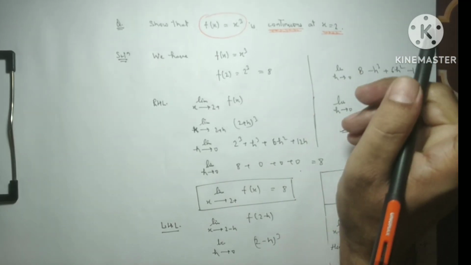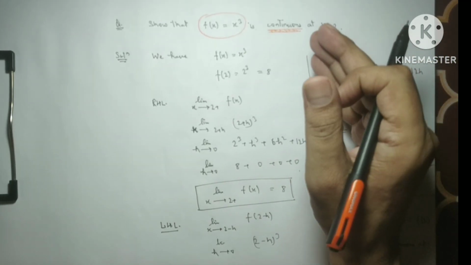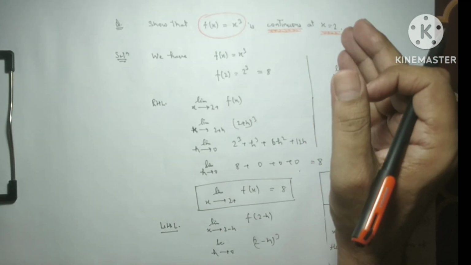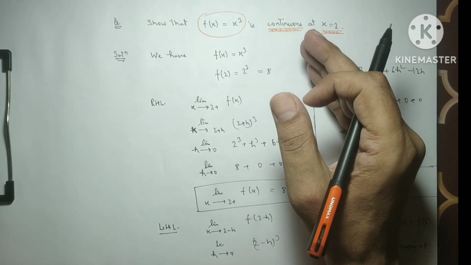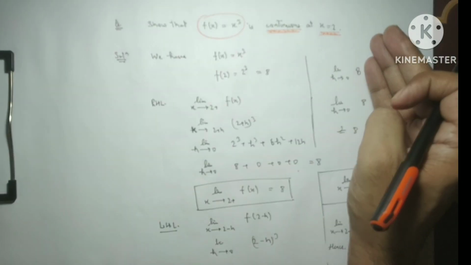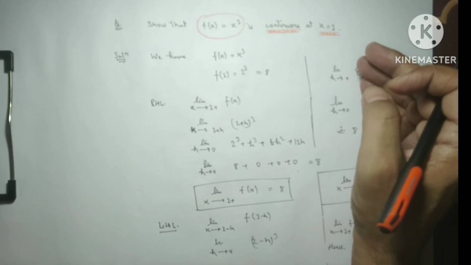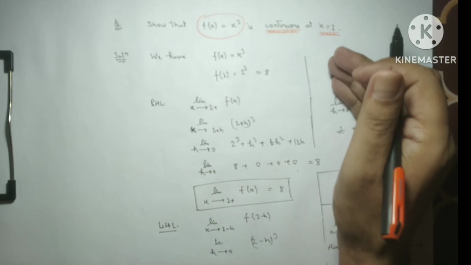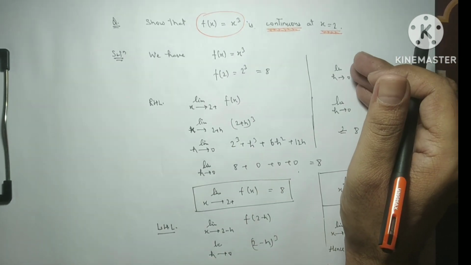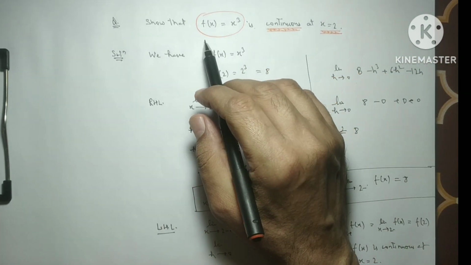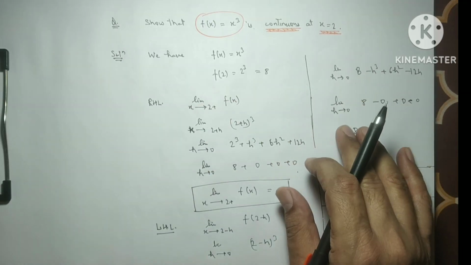So according to the definition, if the value at the point, the value on the left hand side, the value slightly more on the right hand side, that is the left hand limit, right hand limit, and the value at the point are all equal, then we can say the given function is continuous. So this is the scenario.